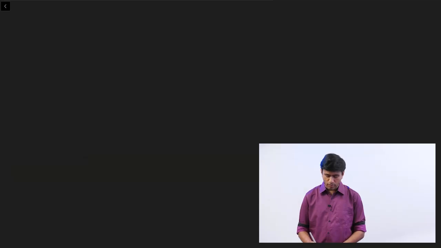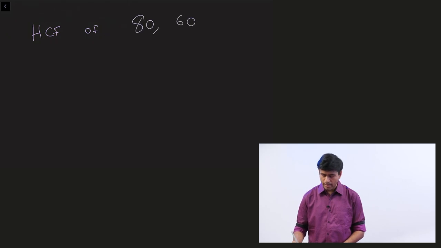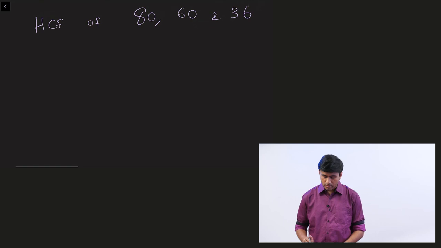Find the HCF of 80, 60 and 36. Remember, we are trying to solve this problem using the prime factorization method. So in this method, we have to find the prime factors of all the three numbers.